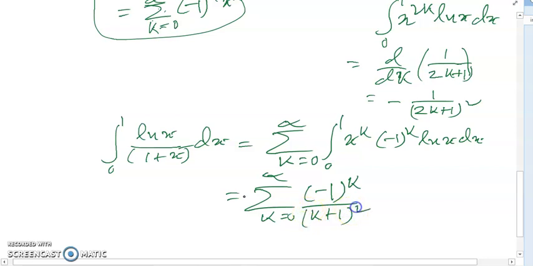Okay, this is the minus is multiplied, so this is minus eta 2.